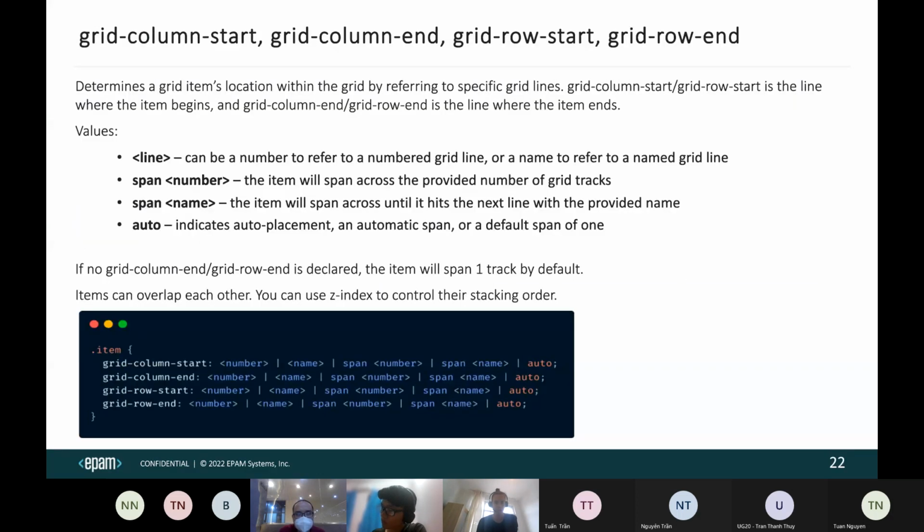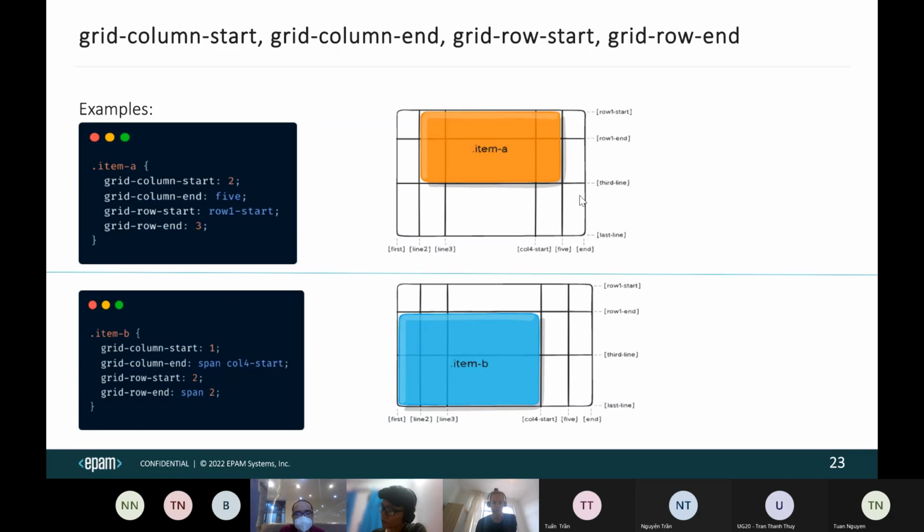Let me come back. So yeah, this is how it works. Same with item B, grid column start 1, this one, and this span column for start, and row start 2, row number 2, and here.